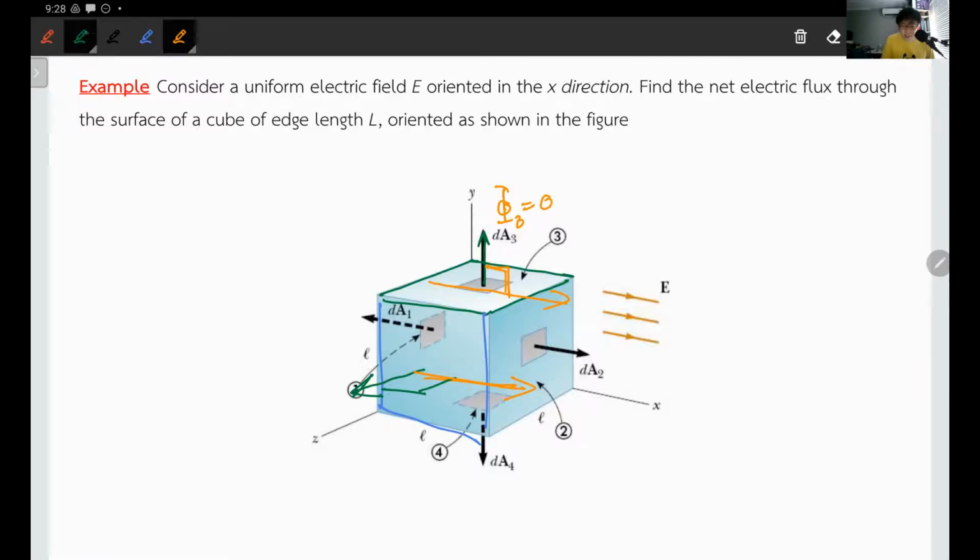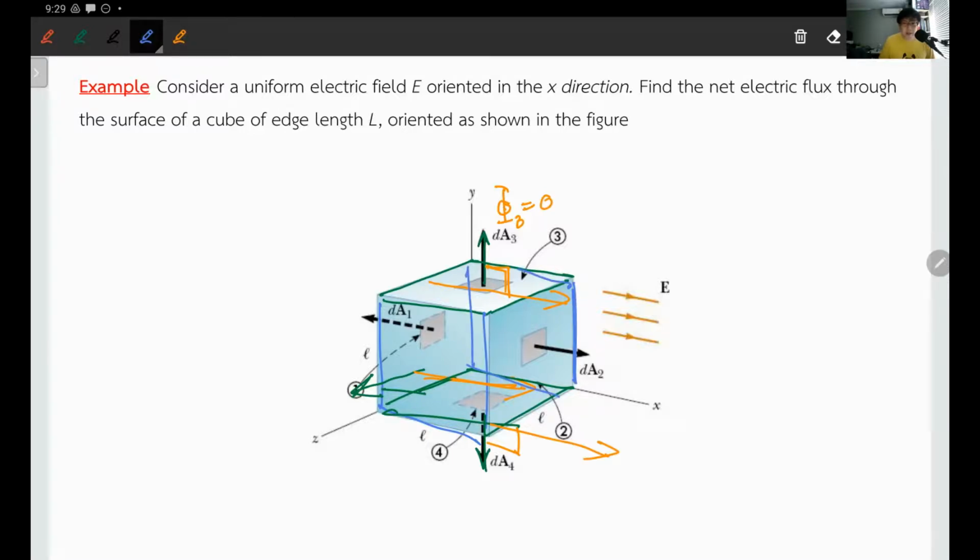And now you start seeing the trend here. The bottom surface will have the area vector pointing downward, but that will also make a 90-degree angle with the electric field lines. So no flux through the bottom surface as well. And now you will agree with me right away that it's the same for the back surface.